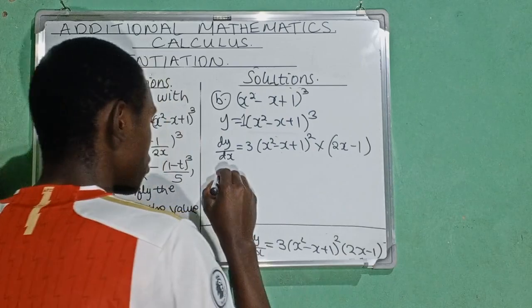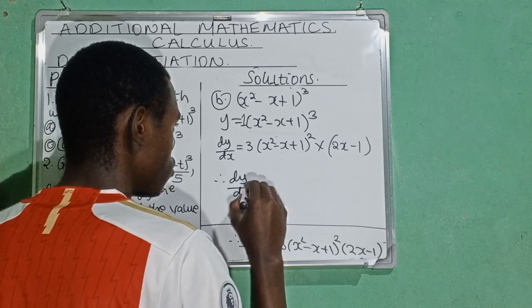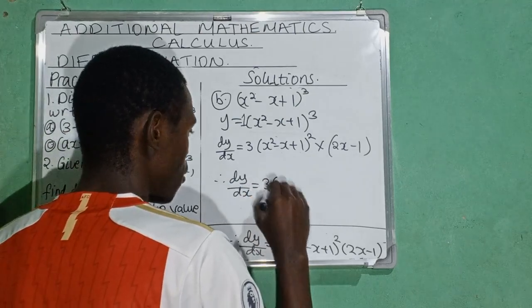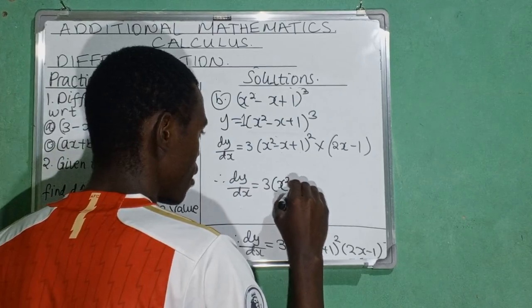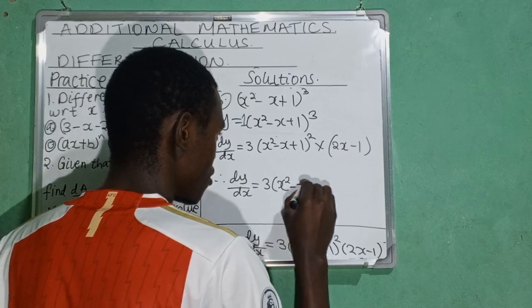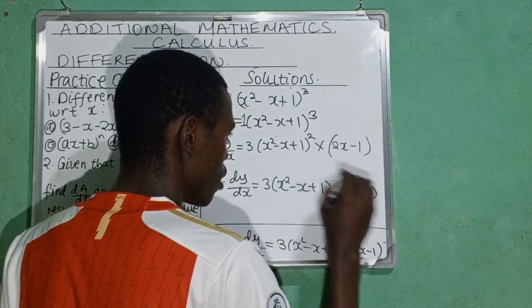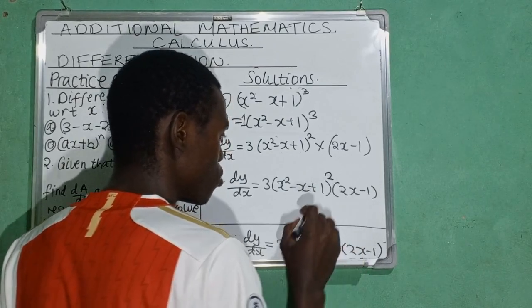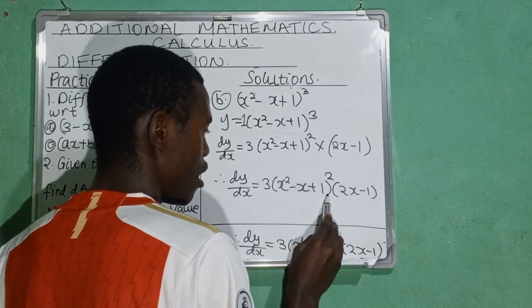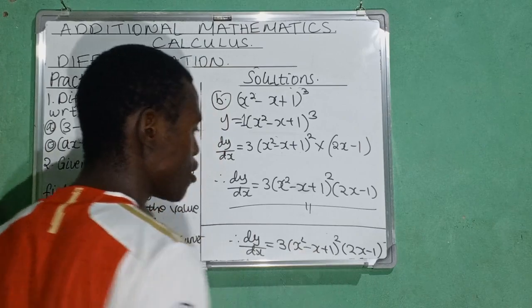So therefore your dy dx is going to be equal to 3 multiplied by x squared minus x plus 1 multiplied by 2x minus 1, of course with this bracket being raised to power 2. That is your final answer.